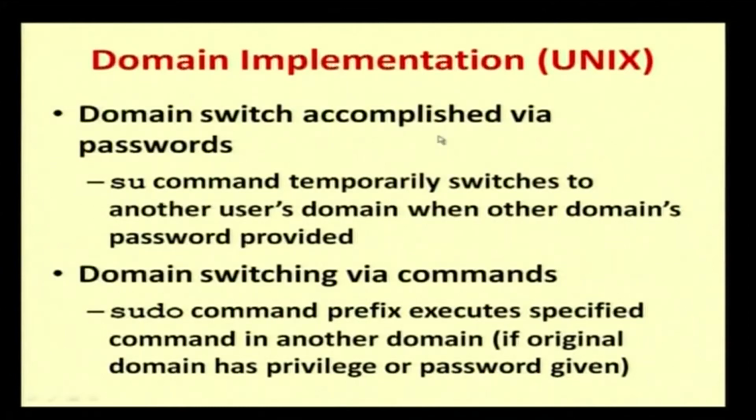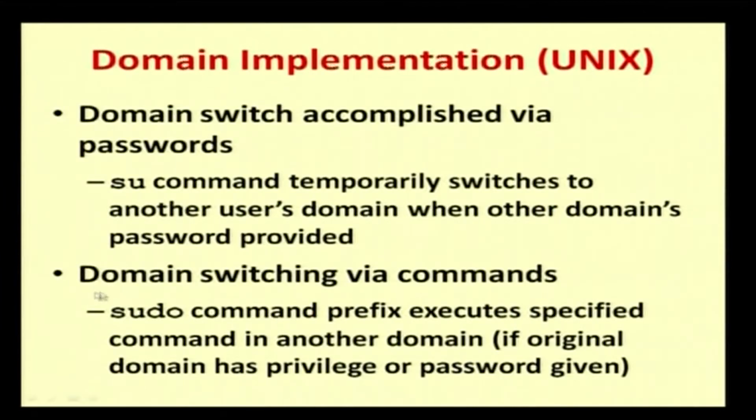And when you type the su command, it temporarily switches to another user's domain when the other domain's password is provided, in the case of Unix operating system. In the case of Windows operating system, you just give a password and you will be in a position to access the IO devices.